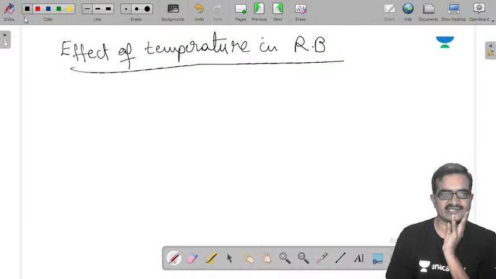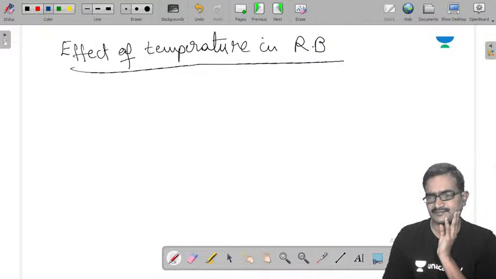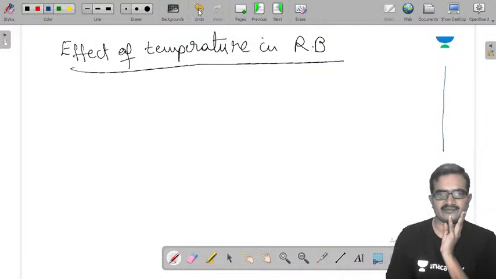For my easy understanding purpose, I am taking only the plot in reverse bias.